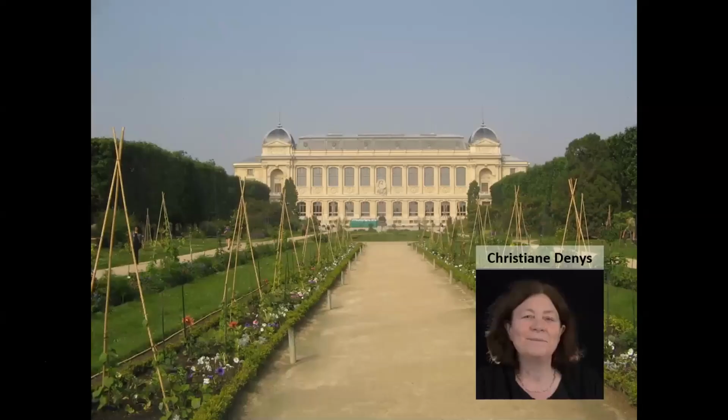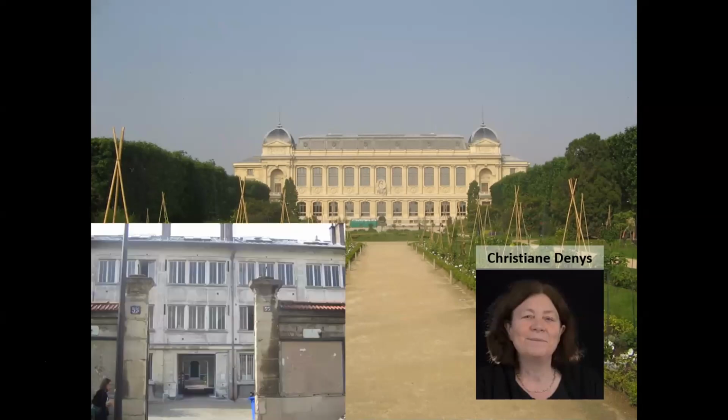So the only option I had was to look at the type specimen, which is at the Paris Museum. I was working with Christian Denis on the Rodents of Africa book at the time. And in 5 Rue Buffon.